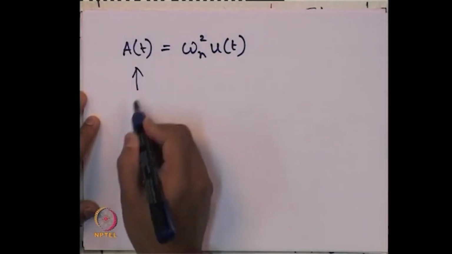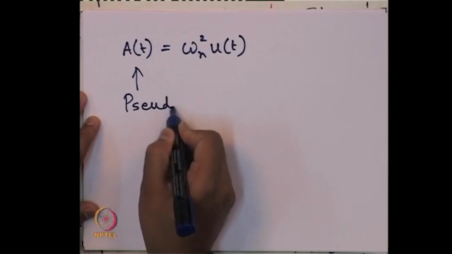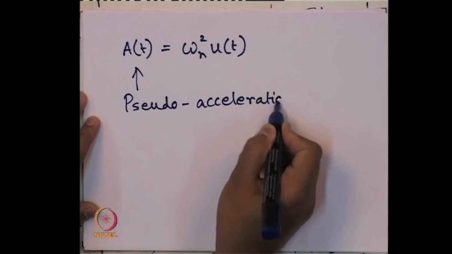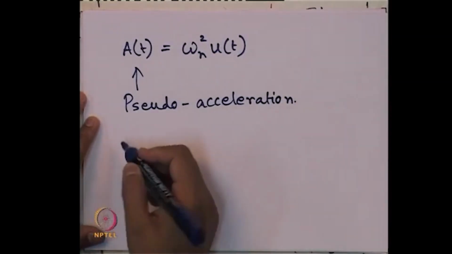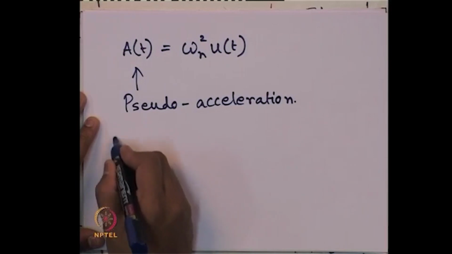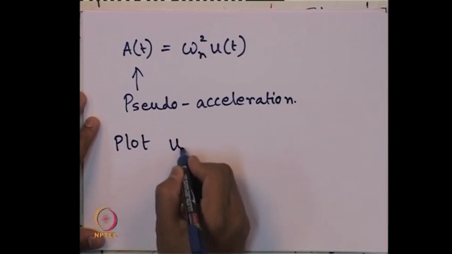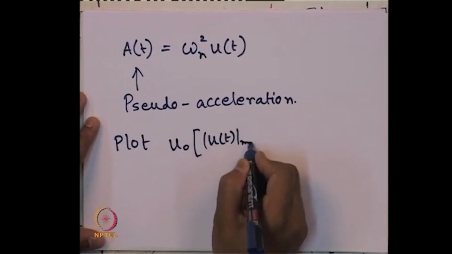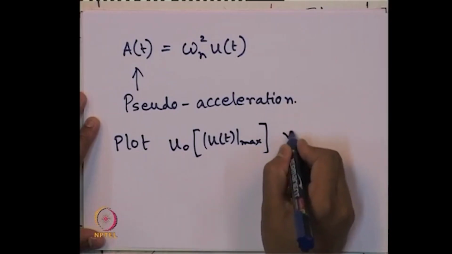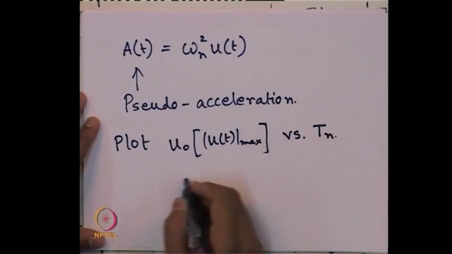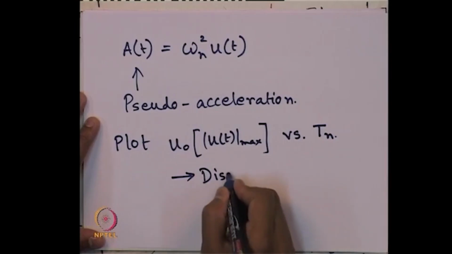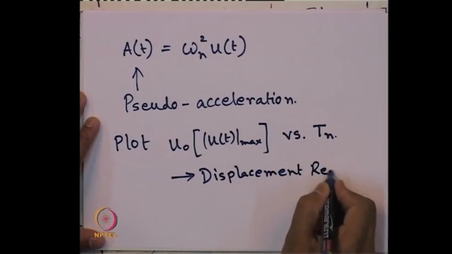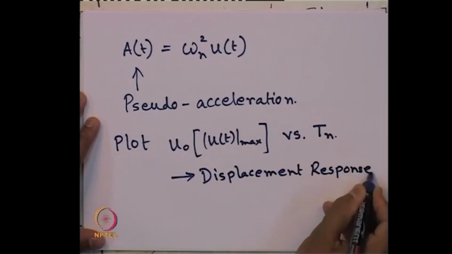This is called the pseudo acceleration response spectra. If we plot this value of u naught, what is u naught? As I said, it is u t max. If you plot this u naught versus this T n, that is known as the displacement response spectrum.